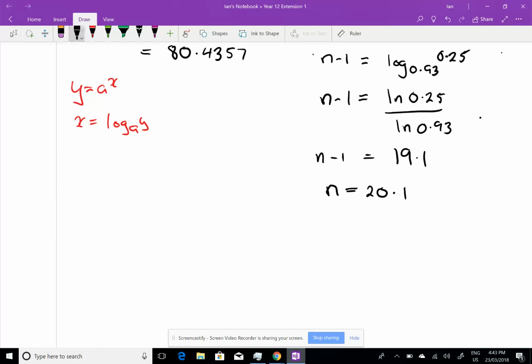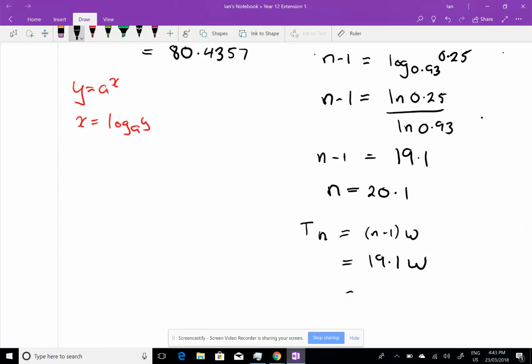So that means that if n equals 20, t of n is n minus 1 weeks. So somewhere in the 19th week, it'll hit 25%. And that's the answer to the question.